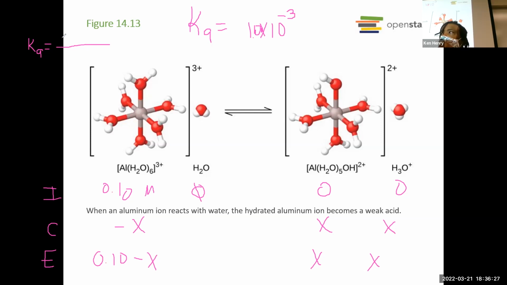Products or reactants? Okay. So the concentration of Al(H2O)5(OH) times, and that's over Al(H2O)6.